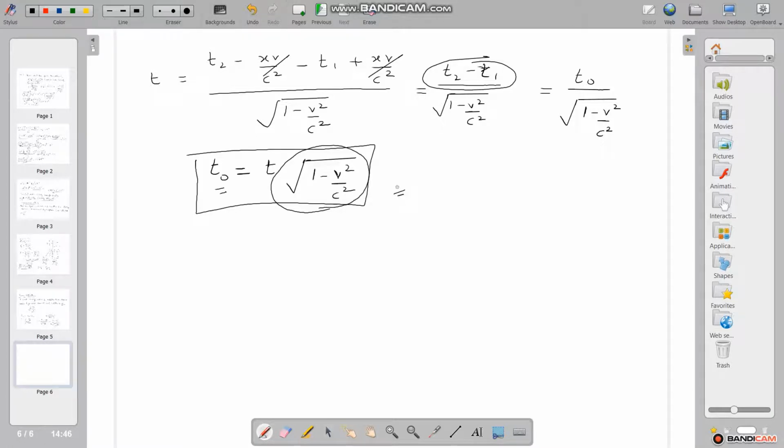Now we will do some numericals related to length contraction and time dilation.